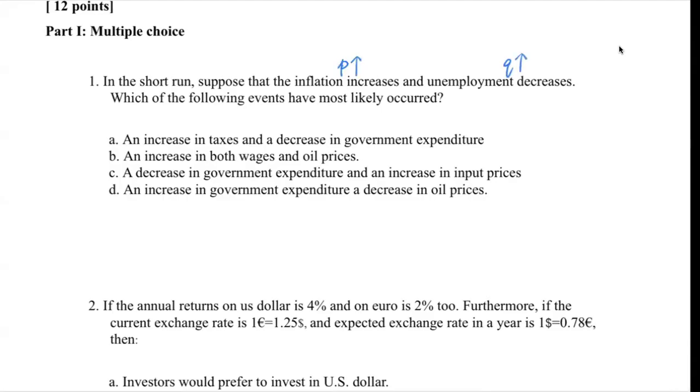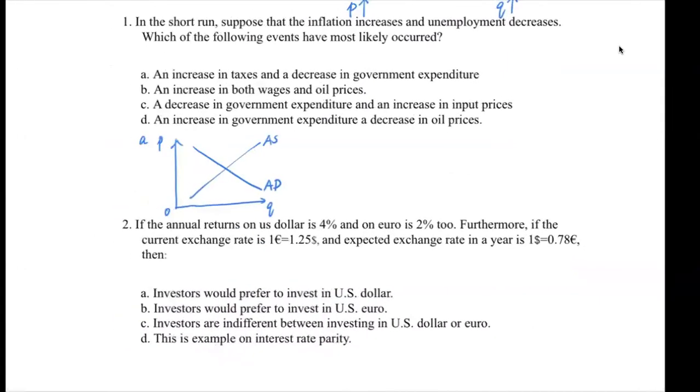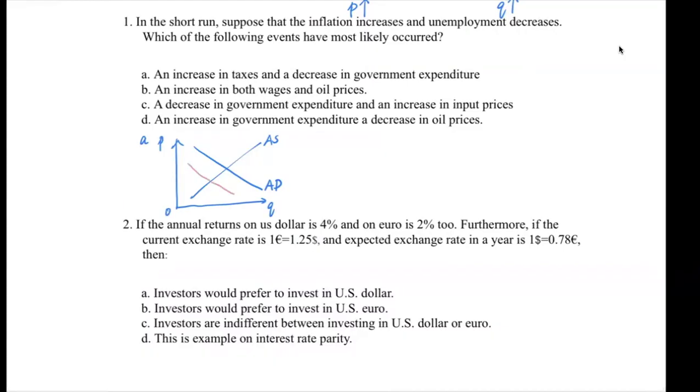Which of the following events most likely occurred? We can look at them one by one. For A, let's draw the AD and AS curves. An increase in taxes and a decrease in government expenditure. Actually, for both of these reasons, the AD curve shifts left.